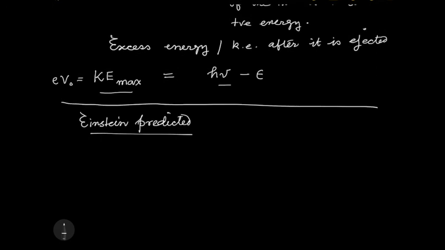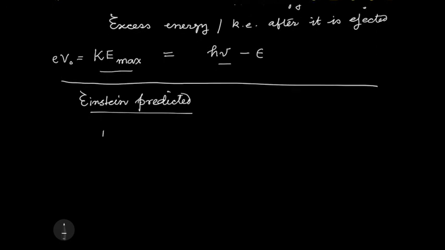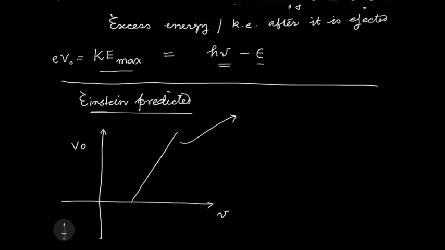And if you look at this curve, he said that now you can do this experiment where you use different frequency light and calculate the stopping potential. So what will you see? If I use different frequencies for one metal, epsilon is fixed. So you can plot nu versus V0, and you will get a curve like this.